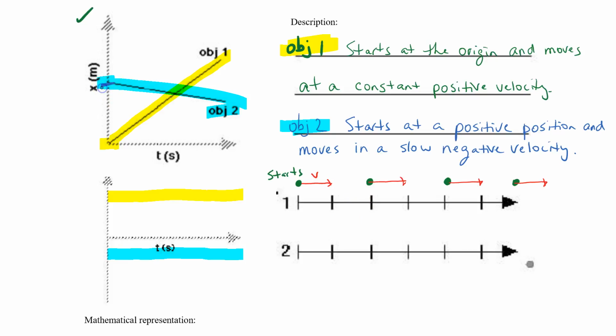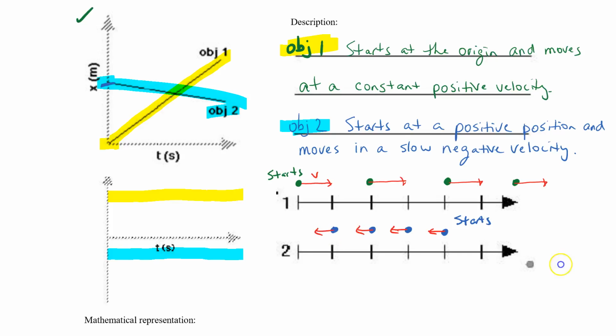It starts at some positive place, maybe about over here, and it goes slowly to the negative, and it does not get all the way to the origin. So maybe I'll go over here. I have the same number of dots. I'm going to write here that here's where it starts, and then my arrows will be halfway, and you can see that constant negative velocity because it's going in the negative direction.